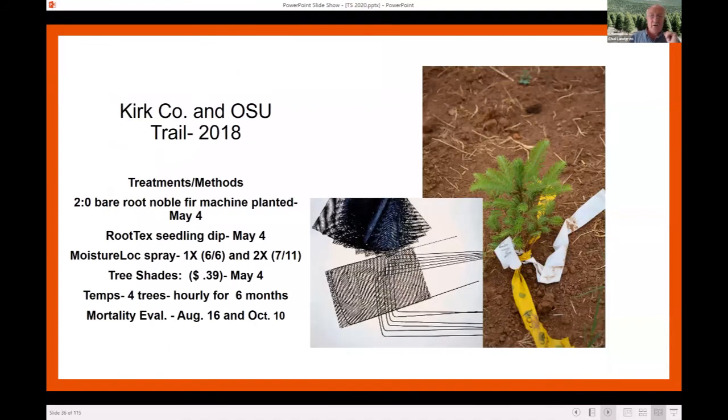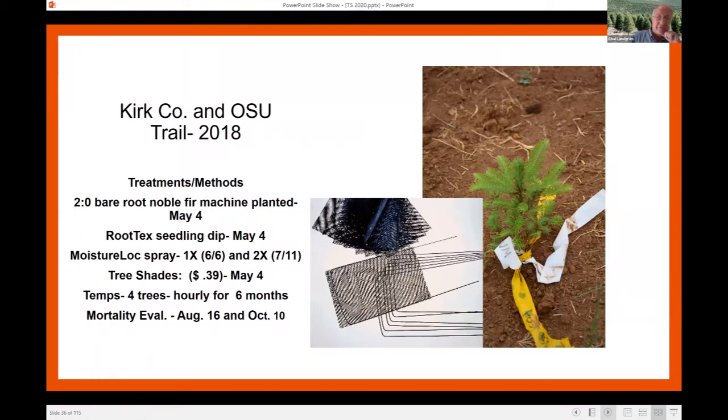So with that in mind, Kirk Company approached us and said, let's do some work on trying to see if we can do any kind of treatment short of watering that would improve survival. So in 2018, we put in a trial on some 2.0 bare root machine planted sites that were planted on May 4th of 2018.